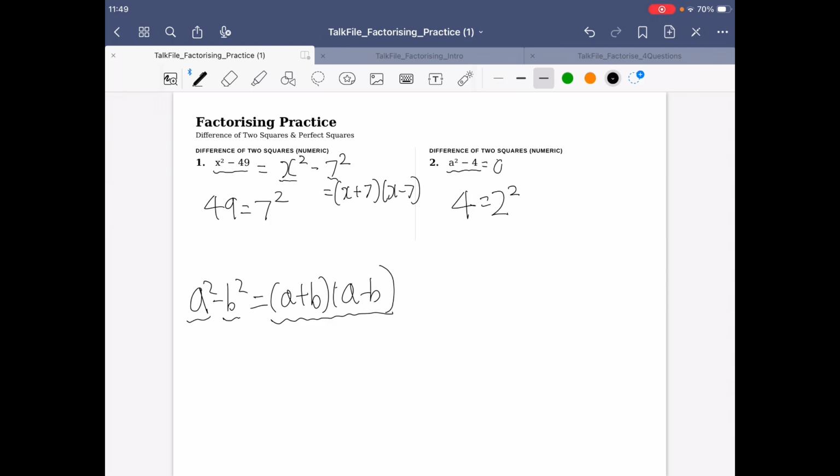So it's a squared minus 2 squared, to see the formula hidden inside this expression. And then you just change this into a plus 2 and a minus 2, one is plus and one is minus. That's what we learned last time. We just use those formulas, and we call that factorizing.